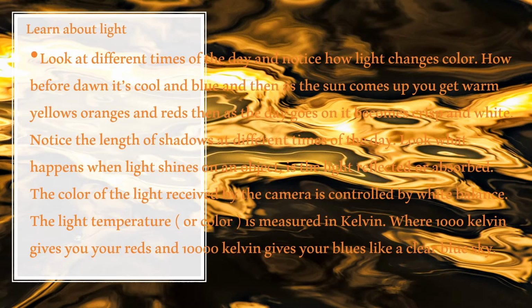The color of light that is received by the camera is controlled by the white balance. The light temperature or color is measured in Kelvin, where 1000 Kelvin gives you your reds and oranges, and 10,000 Kelvin gives you your blues, like a clear blue sky.